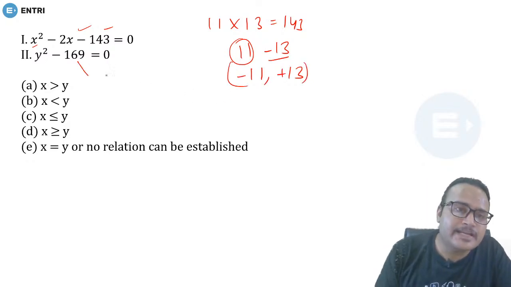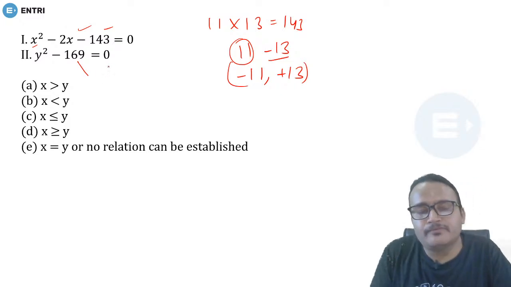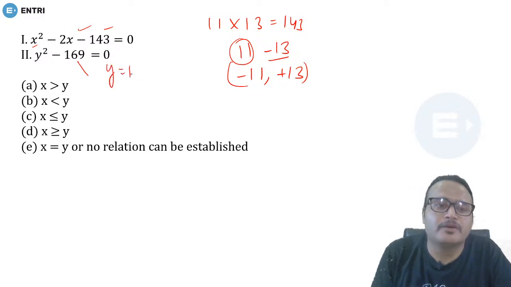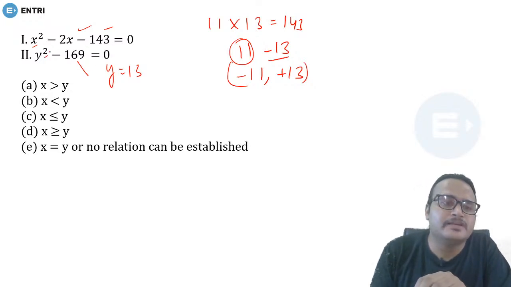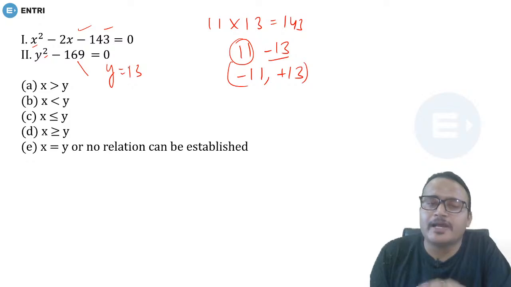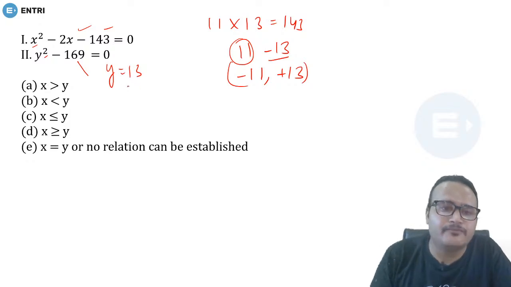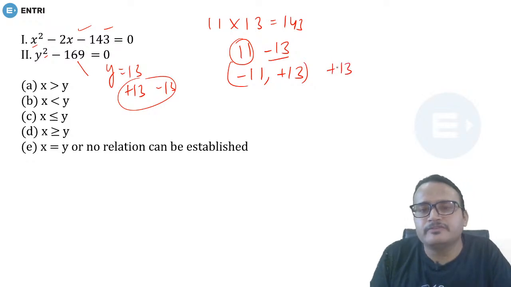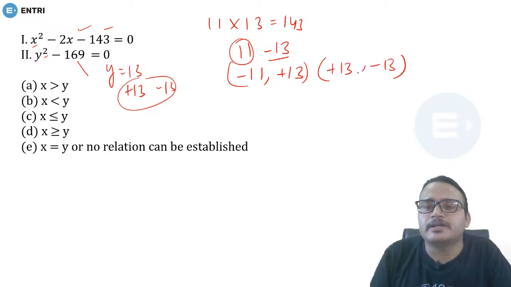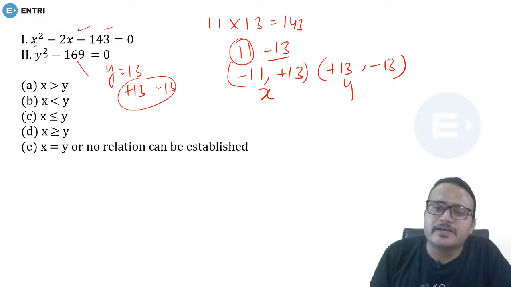And for the second equation, most of the aspirants mostly take y equals 13, but y equals 13 will be wrong, because here the power of y is 2, so y will have 2 values. Definitely one is positive 13 and another one is negative 13. So guys, here will be +13 and here will be -13, and these are the values of x, these are the values of y.